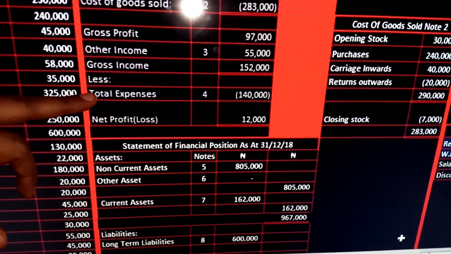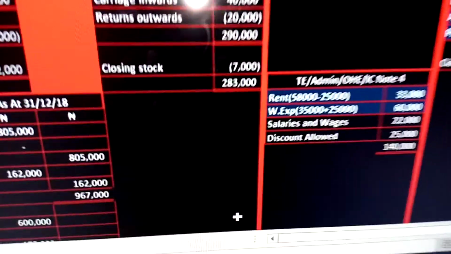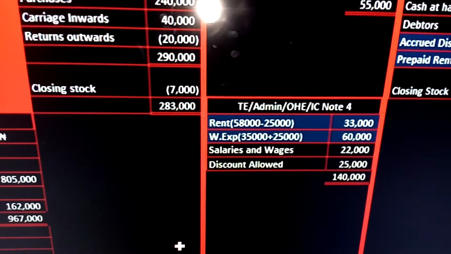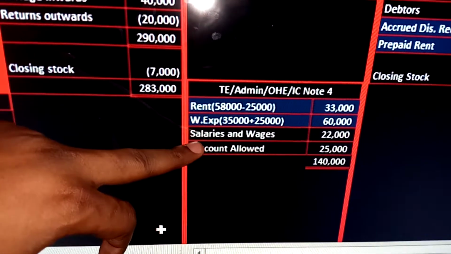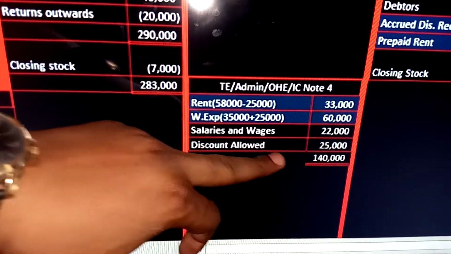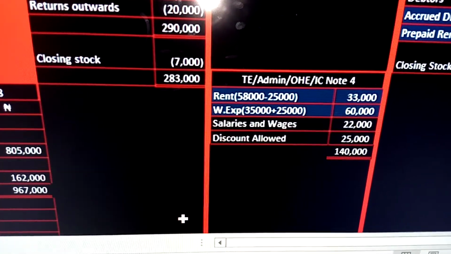So we less our total expense. So what makes up our total expense now? We have rent, warehousing expense, salaries and wages, discount allowed. All these are the expenses in the question.